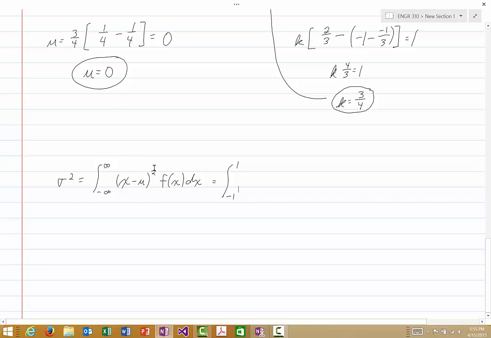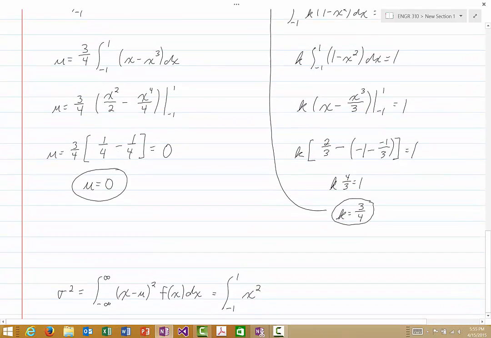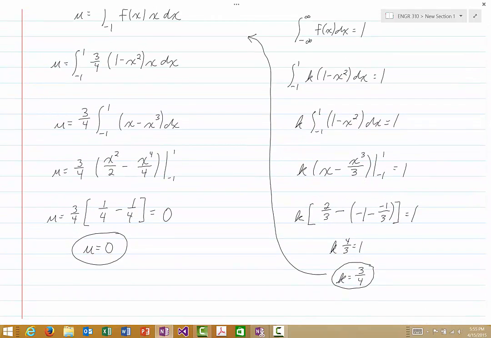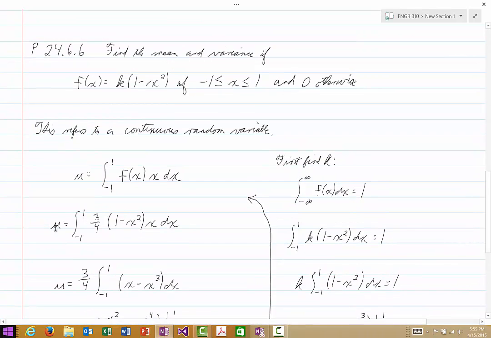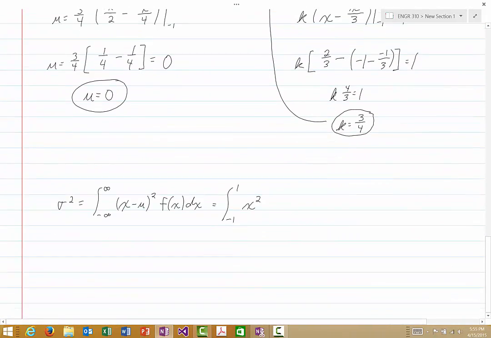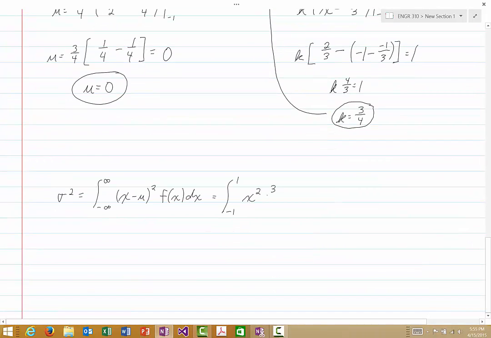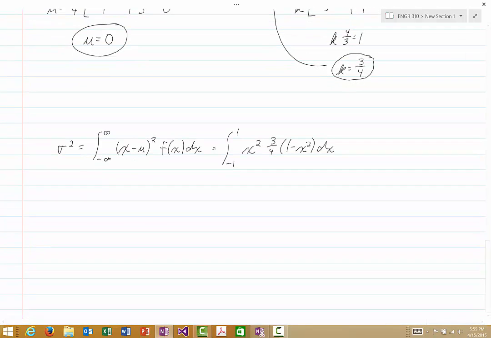And then we square it, so we have x squared. And then for f of x, in that range between -1 and 1, remember we found k is equal to 3/4, so 3/4 of 1 minus x squared. So we'll have 3/4 and then 1 minus x squared dx.